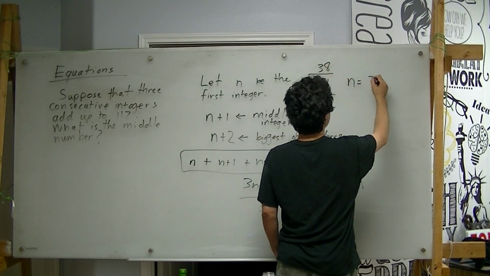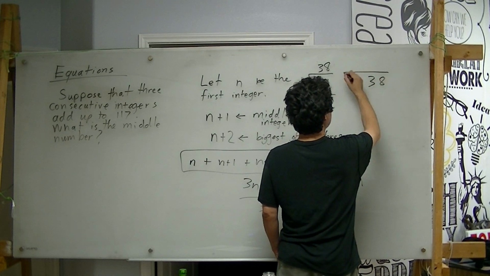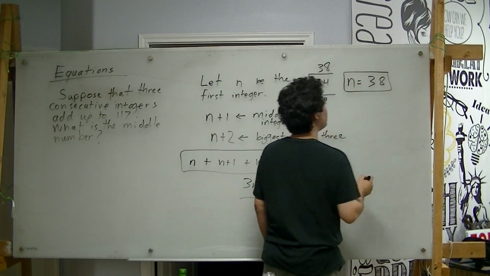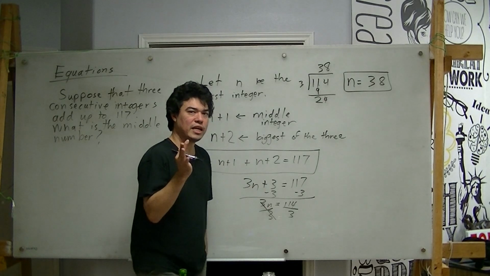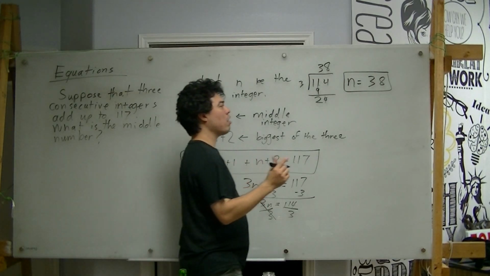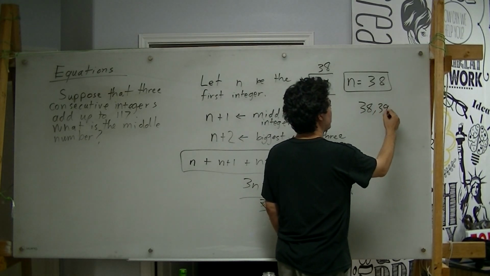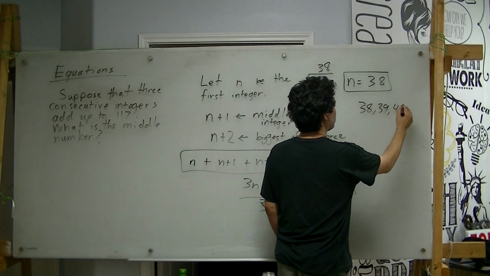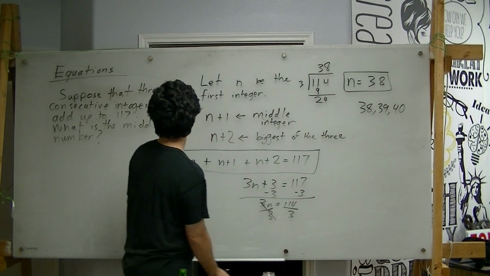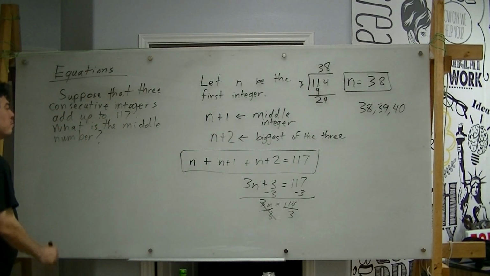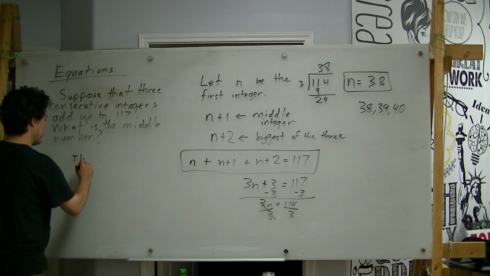So our n is 38. And that means that our 3 consecutive integers are 38, 39, and 40. And therefore, to answer this question, the middle number is 39.